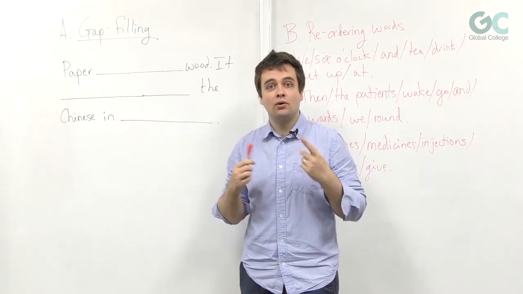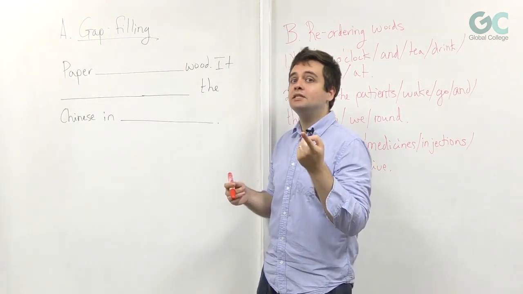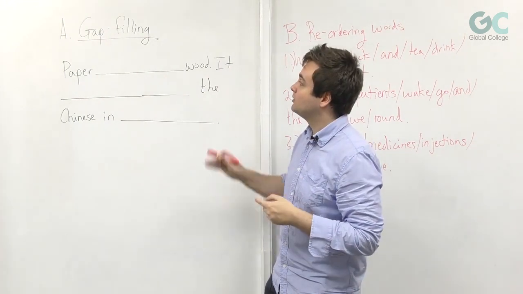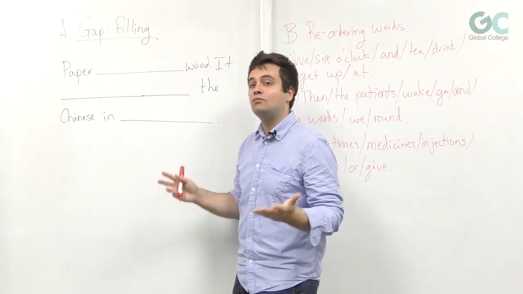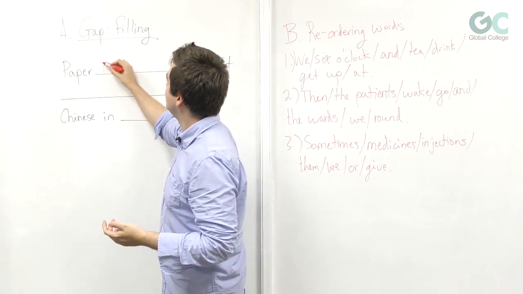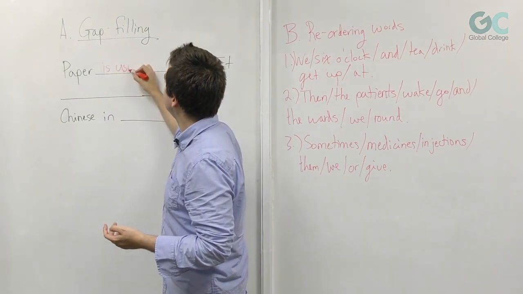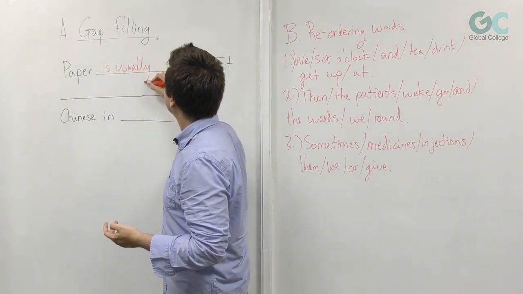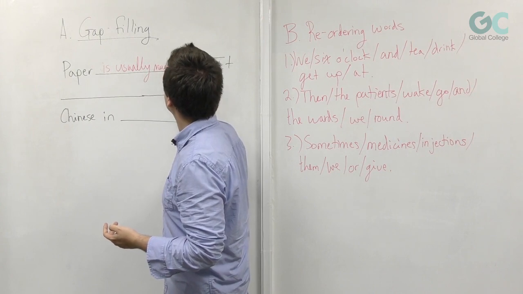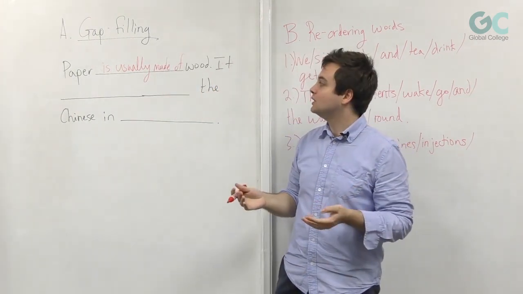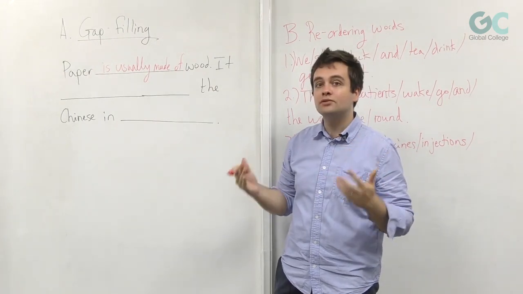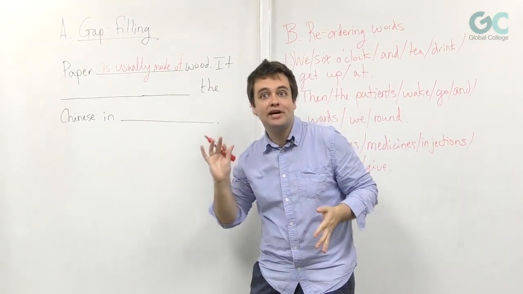Alright guys, so I hope you caught that. Just in case you didn't, I'm going to fill it out here. So, paper is usually made of wood. Second sentence. It was invented by the Chinese in the 1st century AD. Ooh, that was so fast, right?